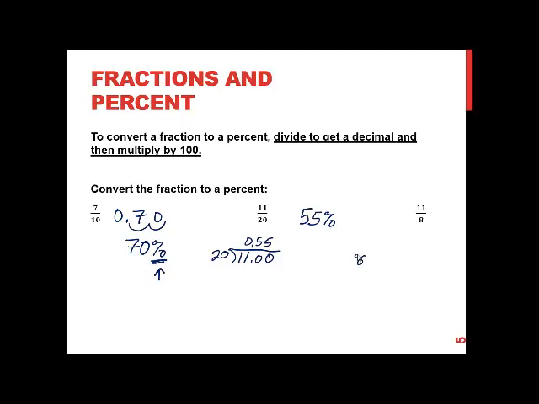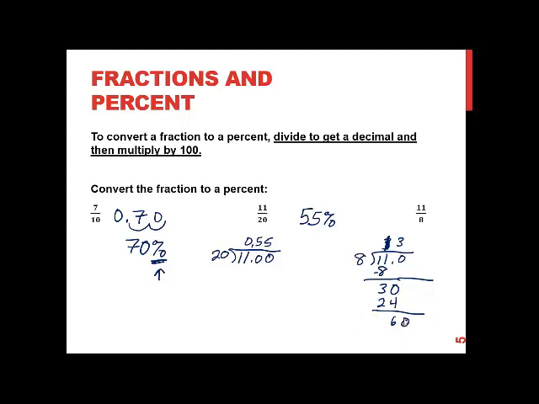Alright, 11 divided by 8, and we get 3. Oh, I'm sorry. 1. 1 times 8 is 8. Subtract that, and that's where the 3 comes from that my brain was trying to put in there. Drop down our 0. 8 goes into 30 3 times. 3 times 8 is 24.